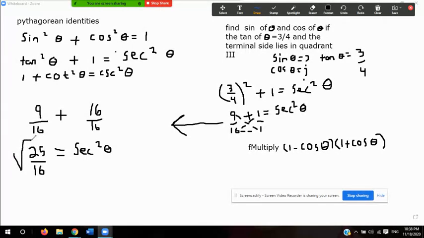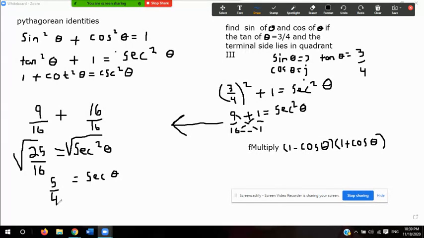So the square root of the secant squared is the secant of theta, and the square root of 25/16 is 5/4. Now we have the secant of theta equals plus or minus 5/4.